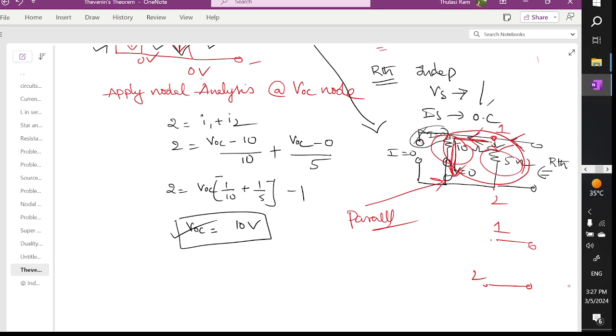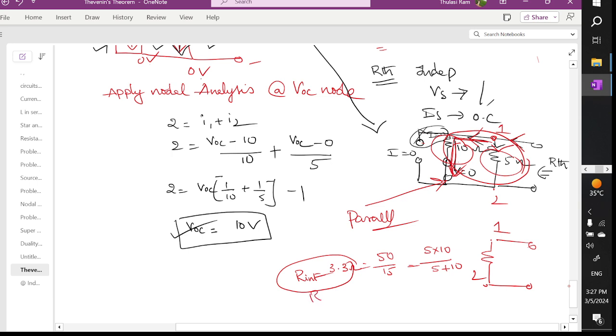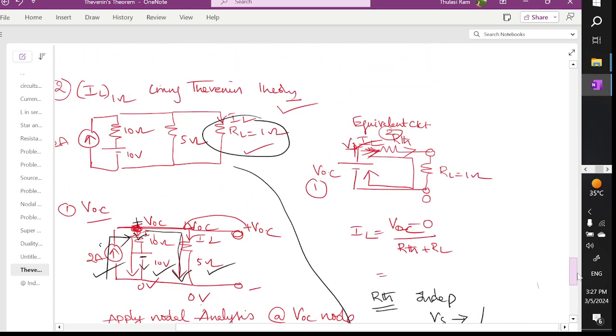So what is the parallel combination between 1 and 2? This 1 is 5 ohm, this 1 is 10 ohm. Product of resistances divided by sum of resistors, which is nothing but 50 divided by 15. You are going to get 3.3 ohm, which is the R internal, or this is called the Thevenin resistance. So you replace it in the original circuit we had already analyzed.